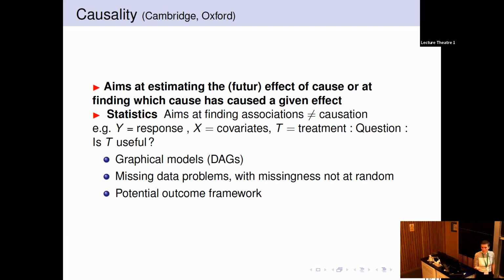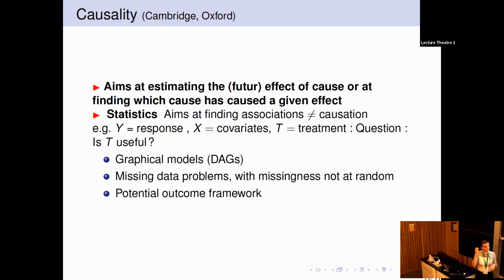You've heard about it during COVID. What is causality? Causality is you want to understand what will be the effect of a given cause. That's one question. The second is, which cause has caused that effect?